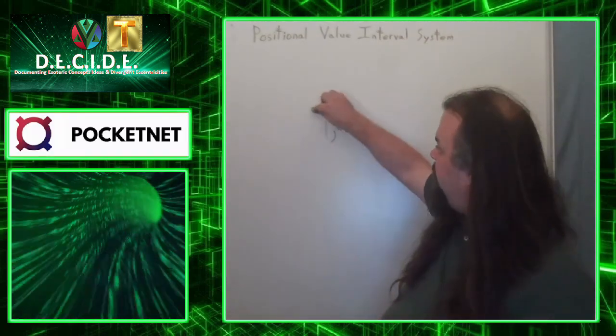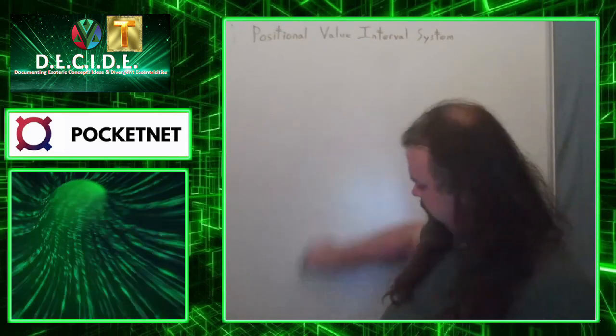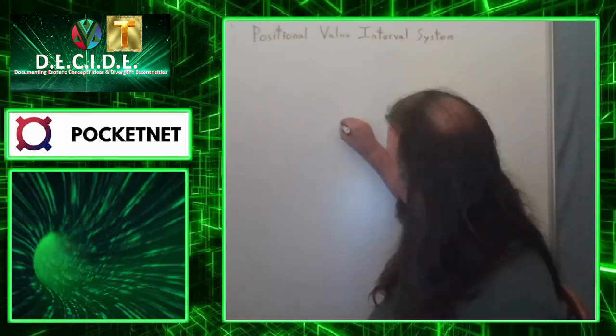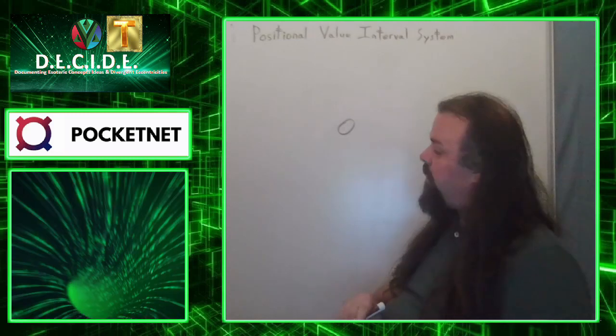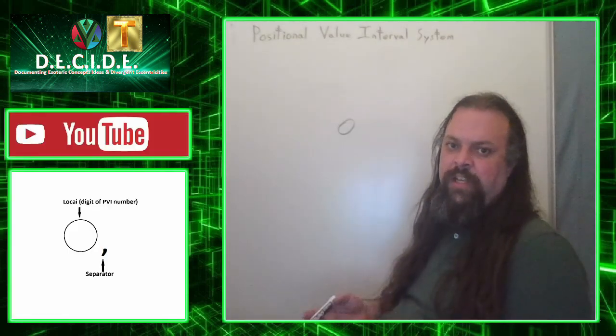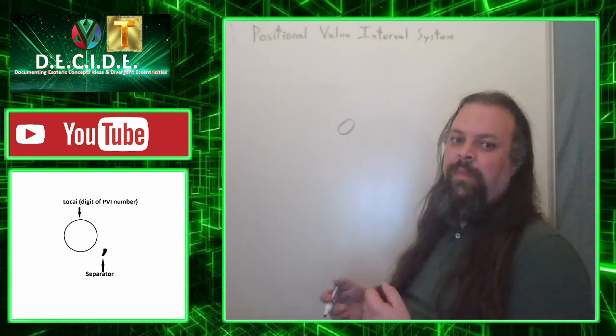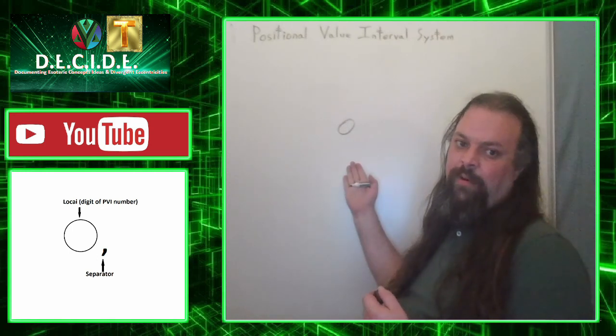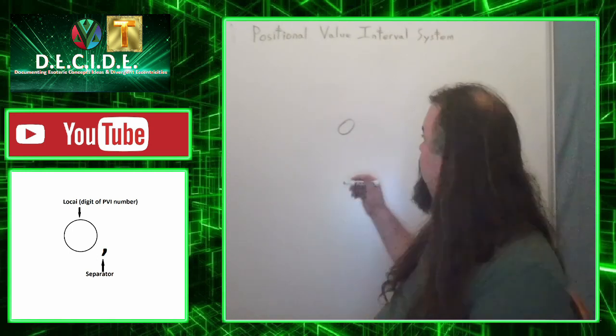In our version, we use that to denote each loci digit. So, a binal PVI number is as such.